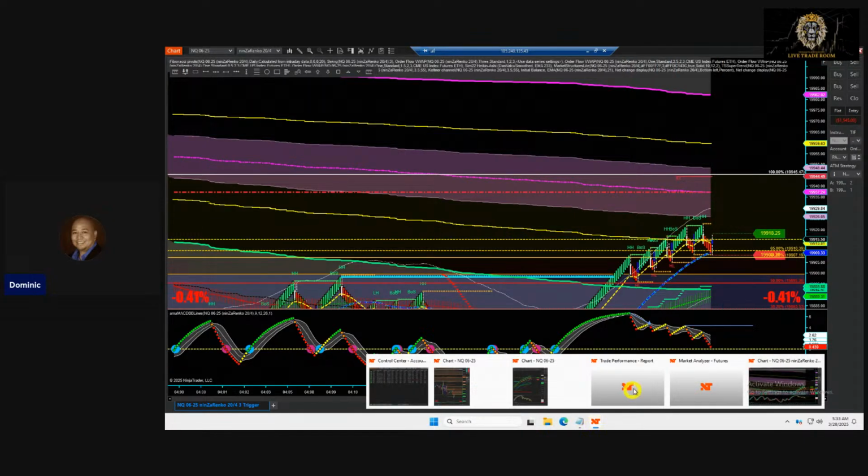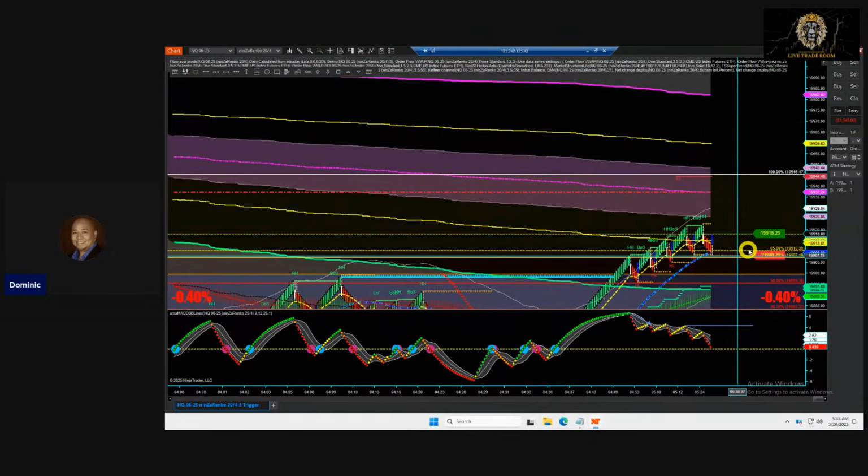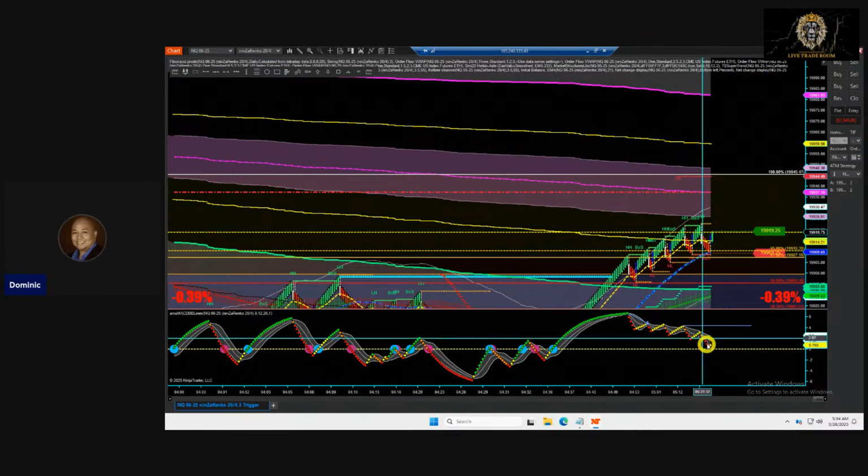Where's my performance? See, look at this. See that? Let's see if there's a confirmed reversal. Technically, we didn't get a lower low. There. I want to see another one. You want to see that?